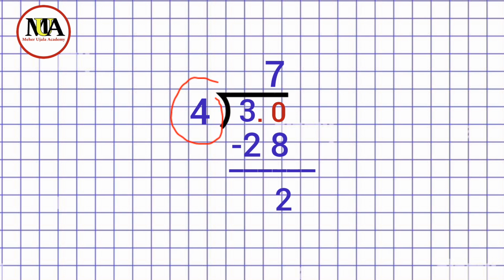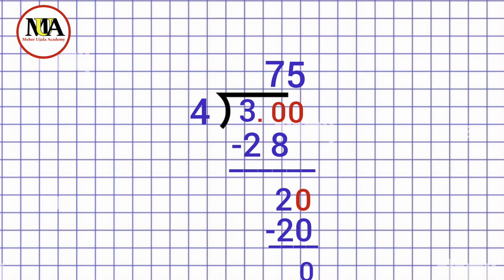4 is too big to divide into 2, so the only way we can get rid of the remainder is to use another 0 in the hundredths place, which makes the number we are dividing look like 3.00. Now we can bring down that extra 0 to make the remainder look like 20. And 4 will go into 20 5 times because 5 times 4 equals 20 and that leaves no remainder.